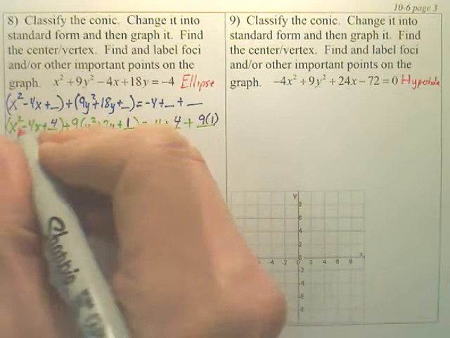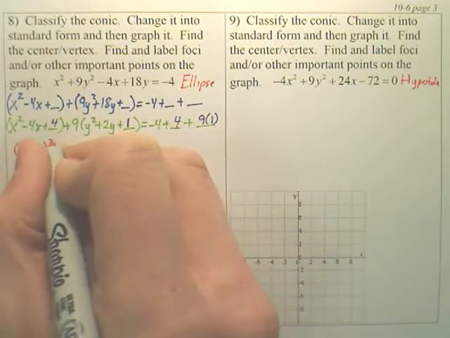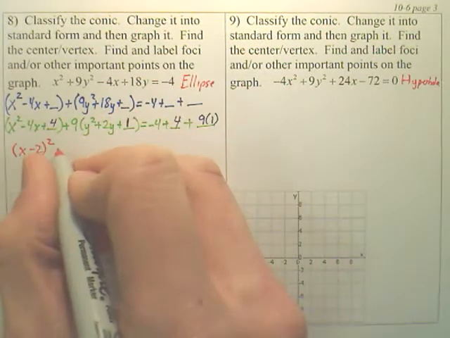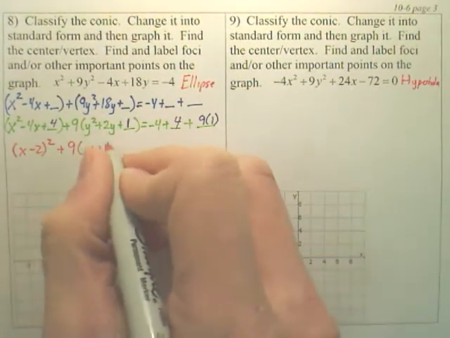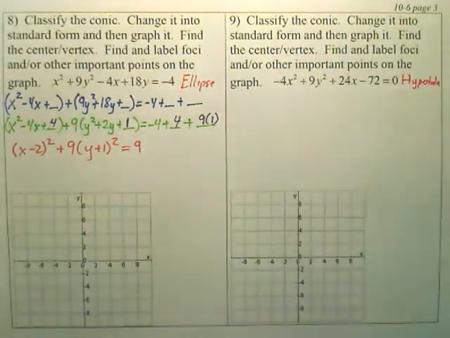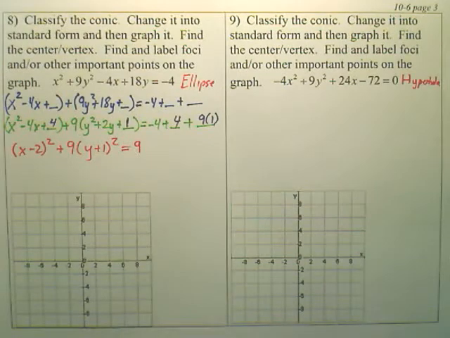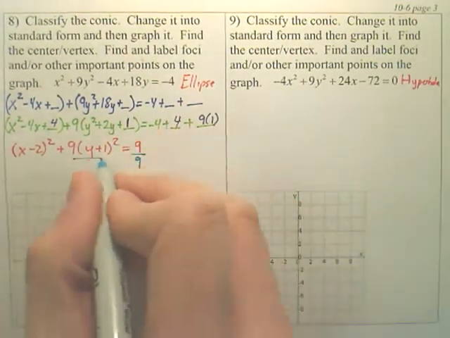Anywho, from here, that factors to be x minus 2 times x minus 2, which is x minus 2 squared, plus leave the 9 out front. This becomes y plus 1 squared. When you add all this up, you get 9. Okay. Now we said it's an ellipse, so we have to equal it to 1, so we're going to divide everything by 9.